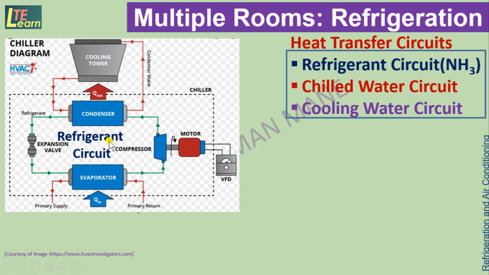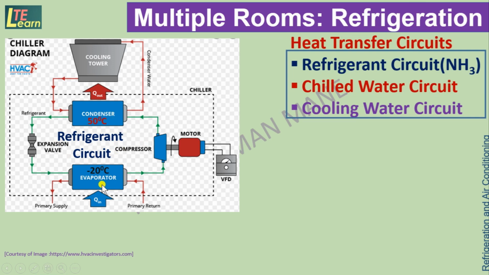So here is a refrigerant circuit which circulates ammonia as a refrigerant. It consists of mainly four devices: compressor, condenser, expansion valve and evaporator. At the evaporator, negative temperature is maintained. At the condenser, heat is rejected.